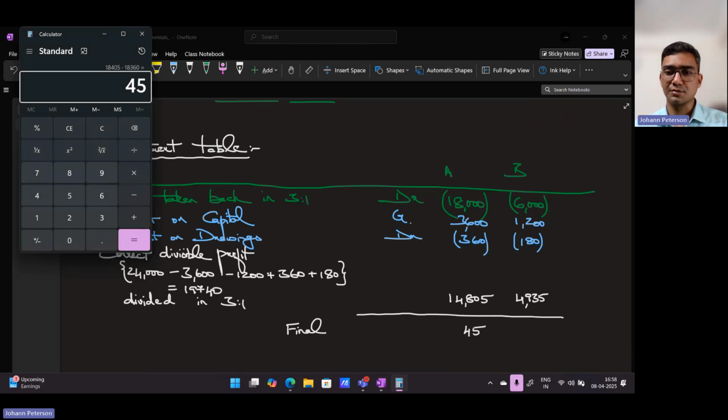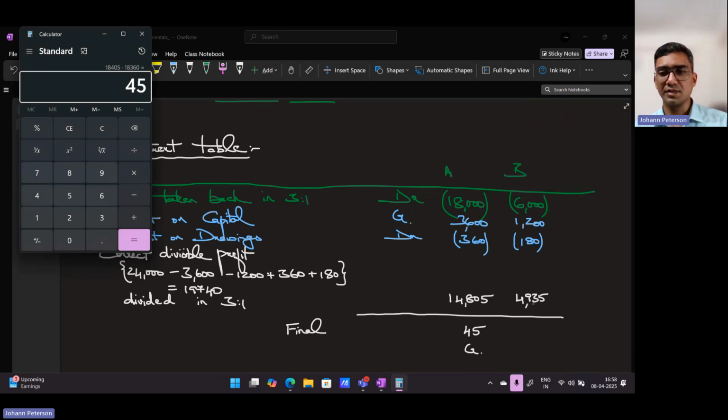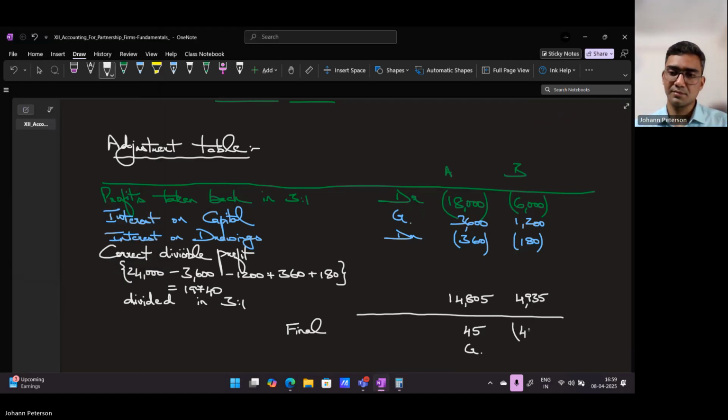It's coming in positive, so that is to be credited. And the other one, 4,935 plus 1,200 minus 6,180, which is minus 45. This means we are debiting this.